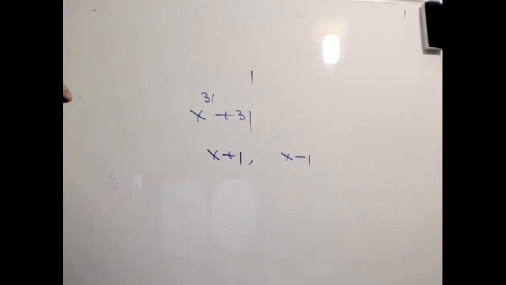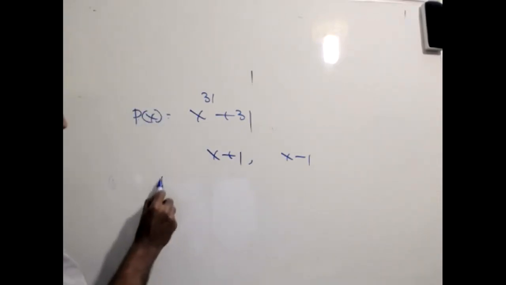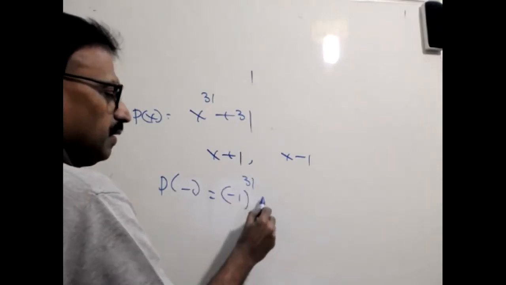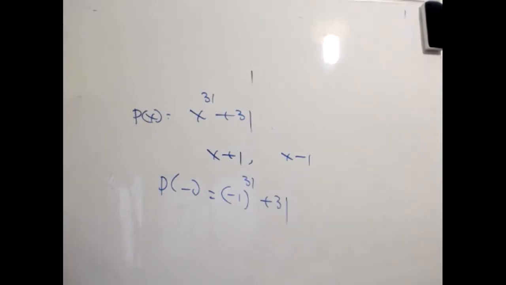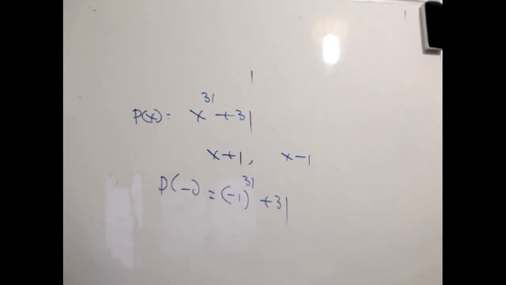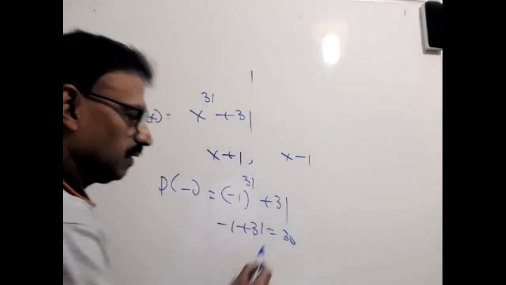Okay. What you got? P of x, this one. P of minus 1. Minus 1 raised to 31 plus 31. Correct or no? Minus 1 raised to 31 is what? Minus 1 plus 31 equal to 30.